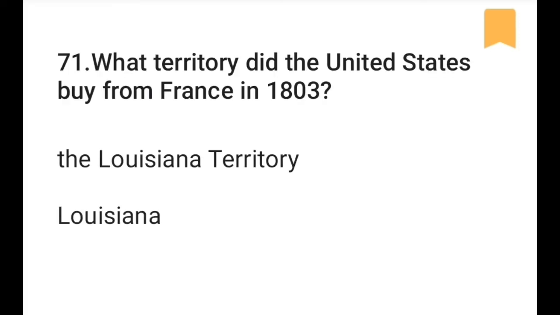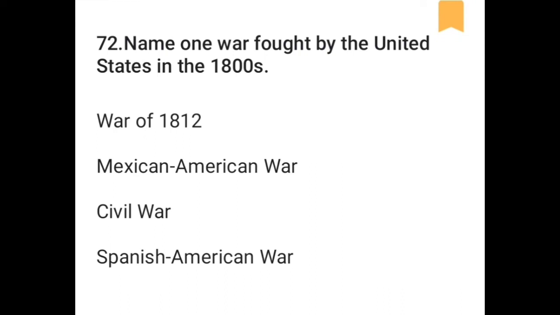What territory did the United States buy from France in 1803? The Louisiana Territory. Louisiana. Name one war fought by the United States in the 1800s. War of 1812.